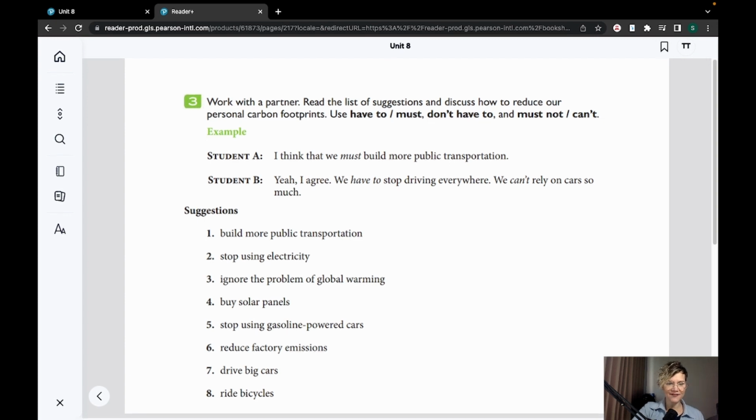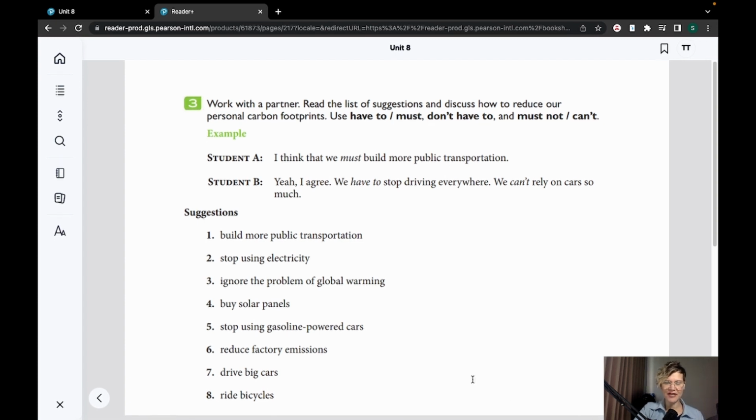Now, there are a lot of things we can talk about from number 1 to 8. I would like you to look at it. Think about it a bit, because in class, once we meet, I will be asking you this, and I really would want you to be able to answer by using have to or must, and don't have to, must not, and can't.